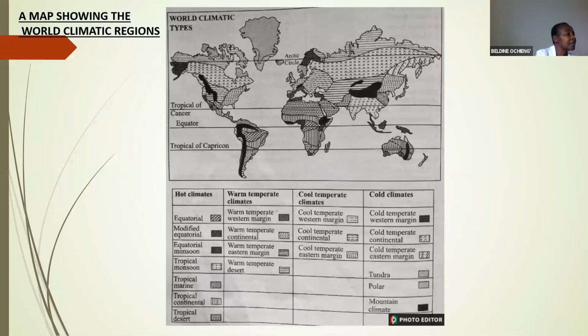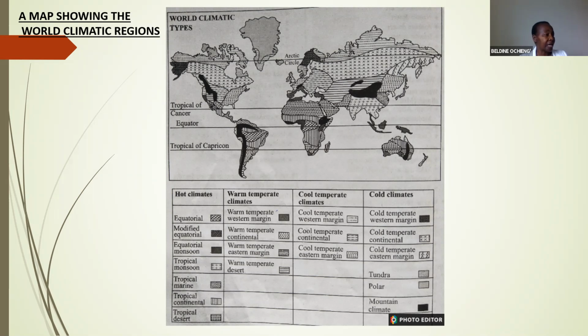Before we set for their characteristics, there's one thing that we need to know, that those people who are classifying the climate or giving us the distinct climatic regions used two main parameters, that is temperature and rainfall.